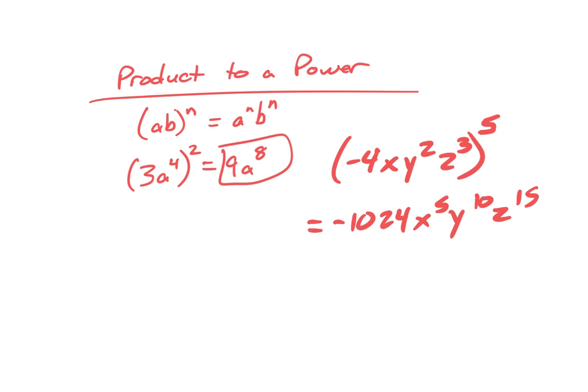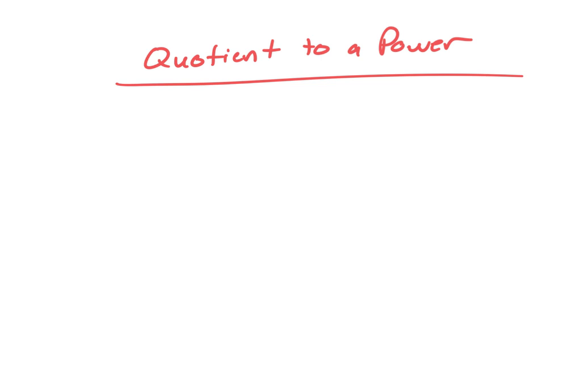Okay, and the thing you've been waiting to hear from me, the last property: quotient to a power. We may not get through everything here because we haven't talked about scientific notation, so I'm going to stop after this property. a over b raised to the nth is going to be a to the nth over b to the nth.